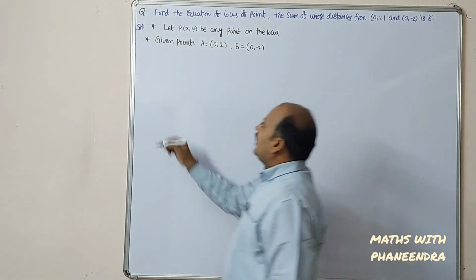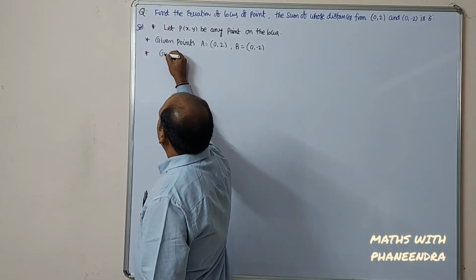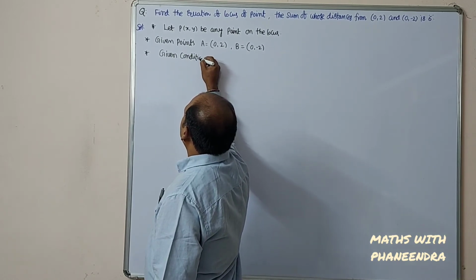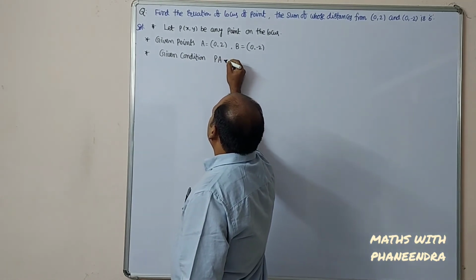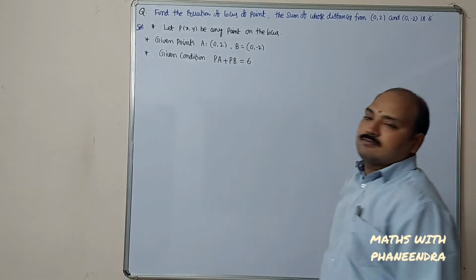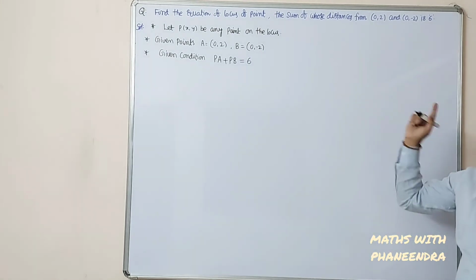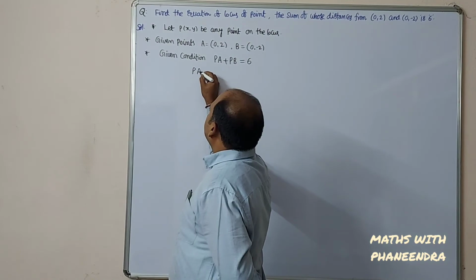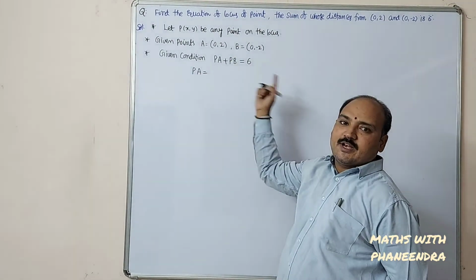Given geometrical condition: PA plus PB is equal to 6. Sum of the distances is equal to 6. So PA equal to, we know how to do this. PB we can take to this side, or PA we can take to this side.